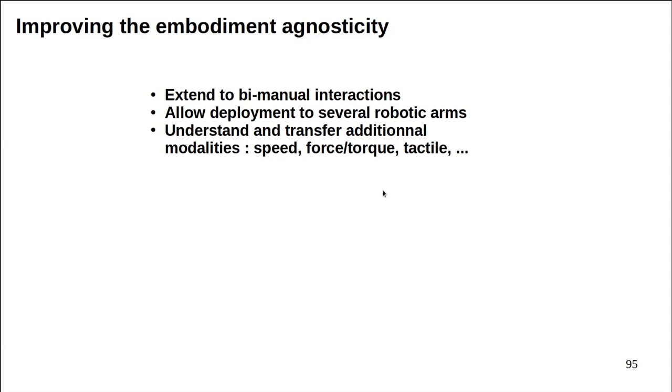We can also wonder if we could add modalities related, for instance, to the force that the operator is exerting on the objects, because robots are sometimes controlled in position, but sometimes by torque. So this is also another limitation of our pipeline that might be interesting to investigate.